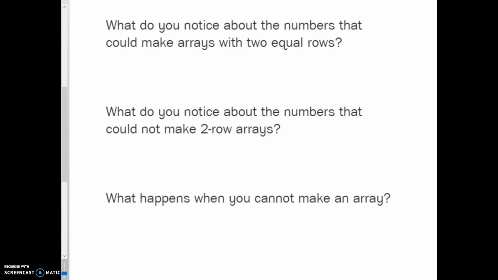What do you notice about the numbers that could make arrays with 2 equal rows? Well, I could do it with 12 and I could do it with 14. So what I notice is that they are even numbers.